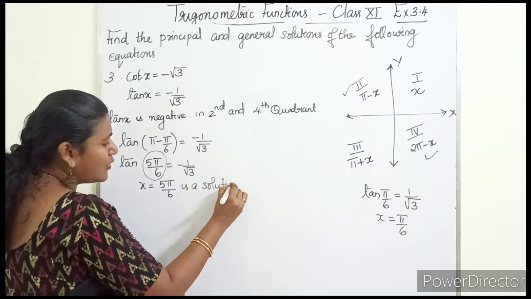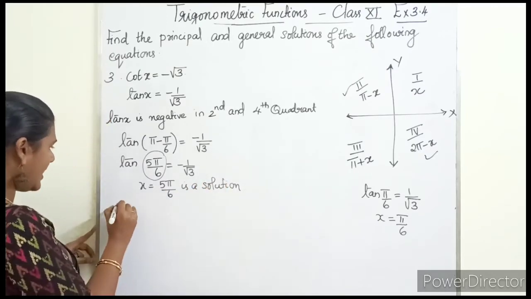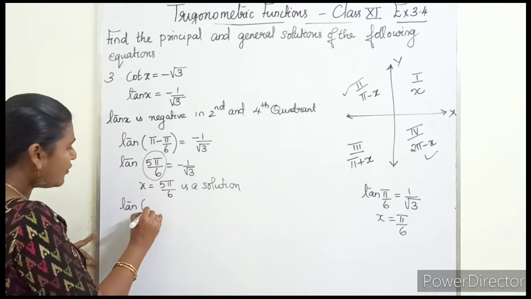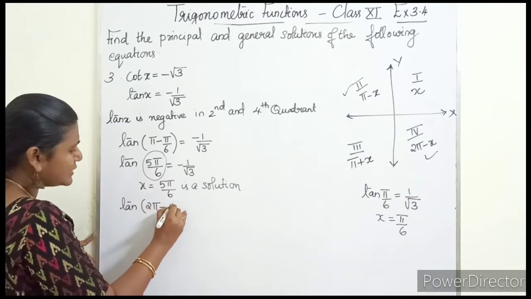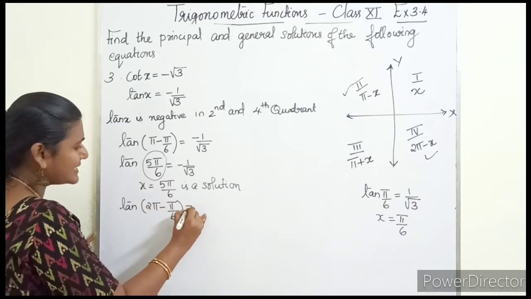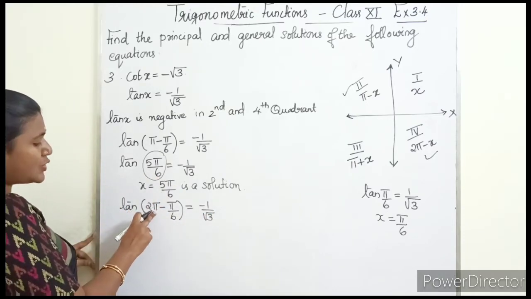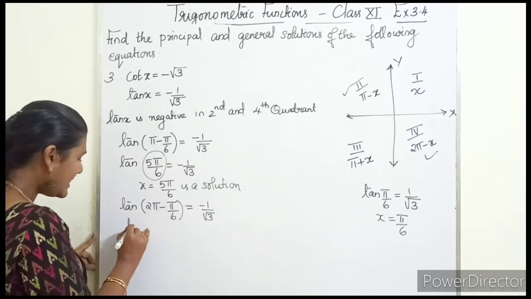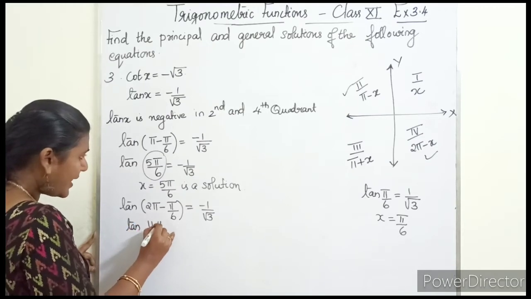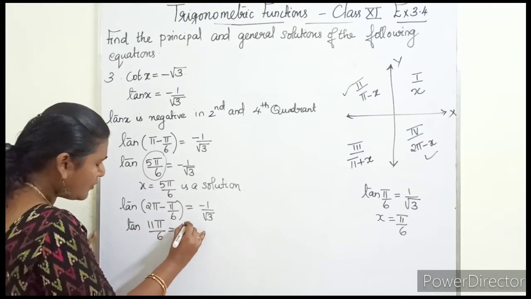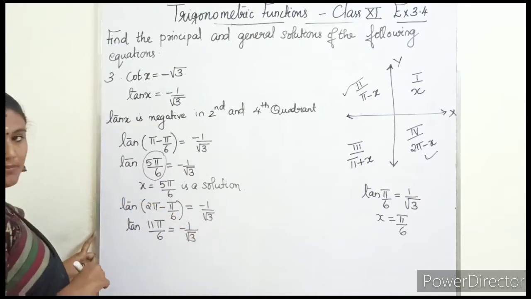Now we will find the angle in the fourth quadrant, that is tan(2π − x), that is 2π − π/6, is equal to −1/√3. Here when you simplify, (12π − π)/6, that is tan 11π/6, is equal to −1/√3.